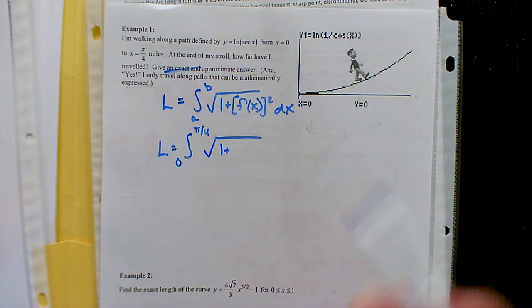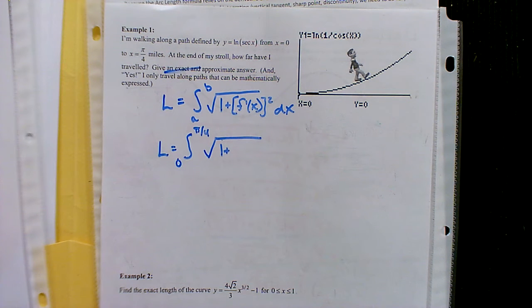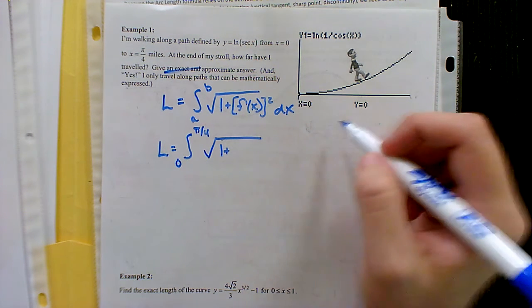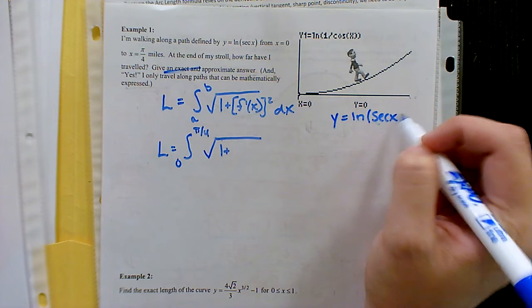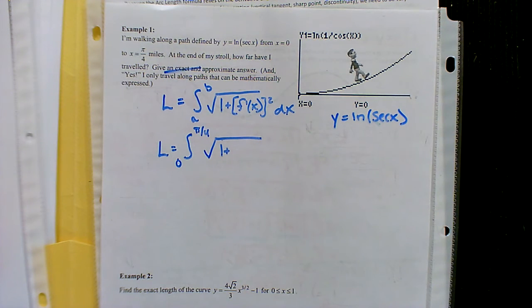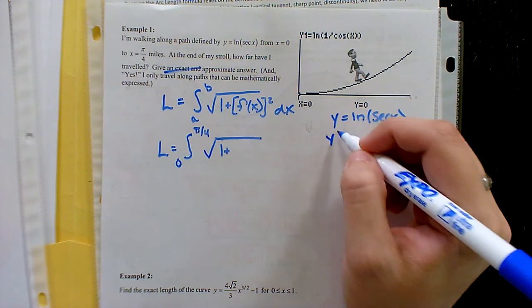And next we need the derivative of the curve squared. So let's go ahead and try to figure out the derivative. The curve is the natural log of secant. How might you want to find the derivative?